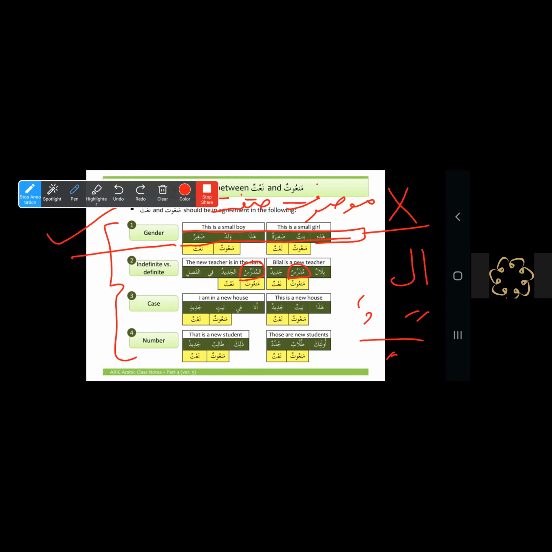For example, بلال مدرس جديد. مدرس, there is no al on it. بلال مدرس, predicate, he is a teacher. You want to say new, you need to add جديد without al. So in indefinite, it's also following its noun. Now here you are saying the teacher is in the class. The teacher. المدرس في الفصل. You need to bring its adjective. We will say المدرس الجديد. Here I cannot say المدرس جديد.